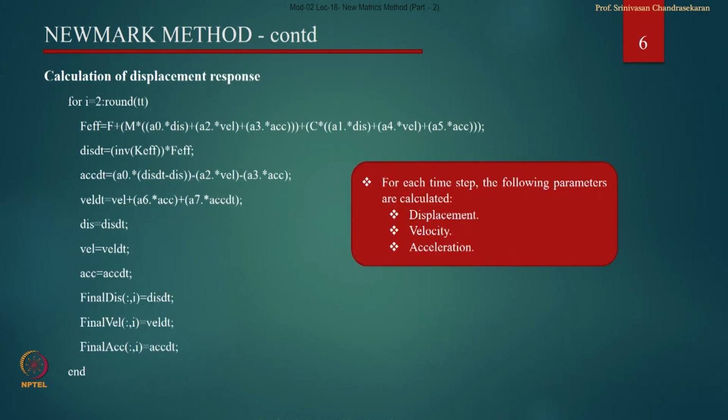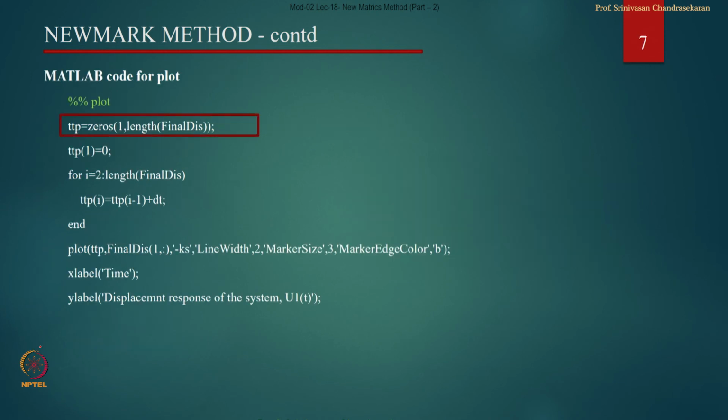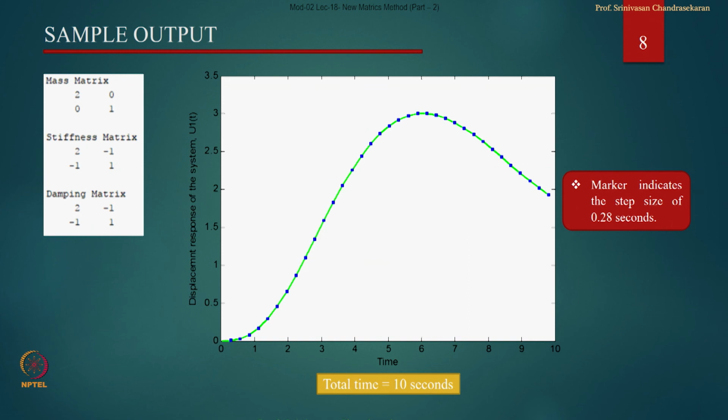So, calculate the displacement responses, then plot the values and try to understand how they vary. If you try to plot them, the mass matrix, the stiffness matrix and damping matrix are given as a sample output. This is the output at every 0.28, you get the plot value, the marker, and the total time taken is 10 seconds.